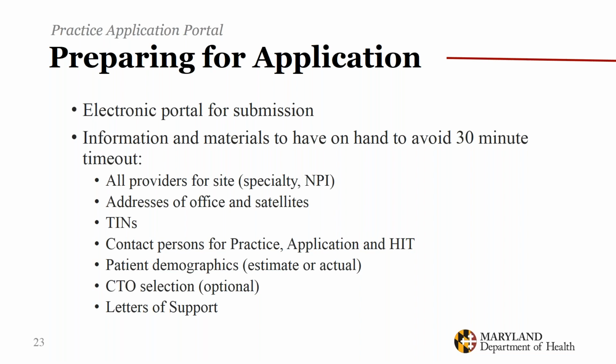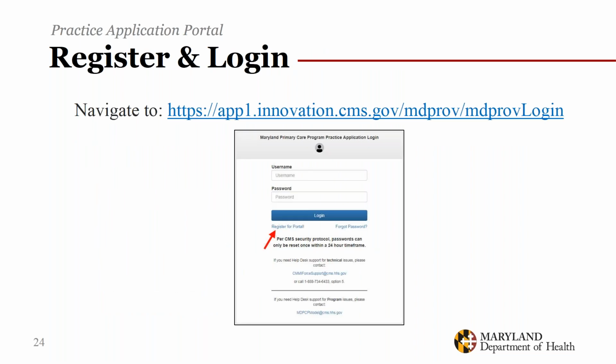Once you're able to officially log in starting in August, the portal is going to save your progress as you go. So you can always save and come back later, but it's also going to time out after 30 minutes of inactivity. So it would be helpful to have some things on hand before you start your application. So some of those things include a list of providers, all the providers at your site, and specific details about them.